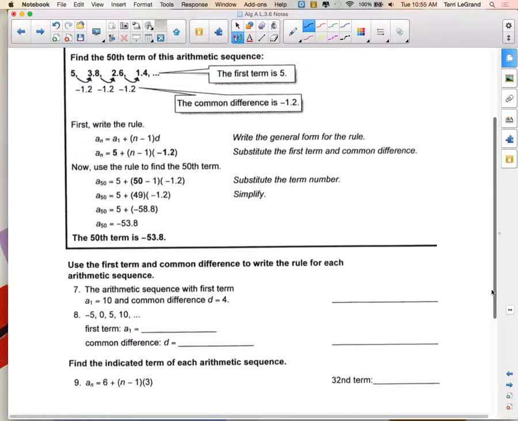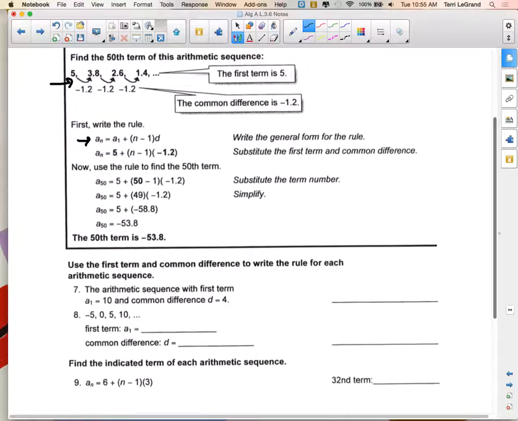So let's look at this one. Find the 50th term of this arithmetic sequence. The first term is 5. The common difference is negative 1.2. They're doing it right there. First, write the rule. So when they ask you to write the rule today, you're going to take that formula that we just boxed at the top of the page, and substitute in the first term and the common difference.